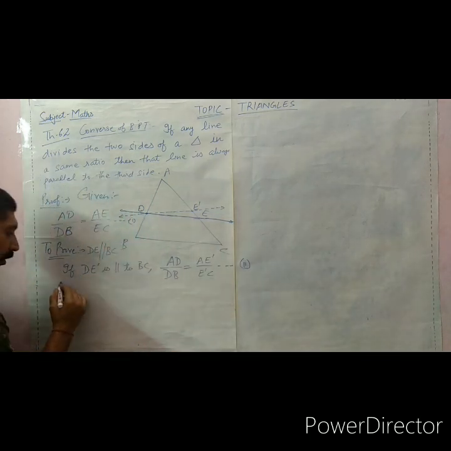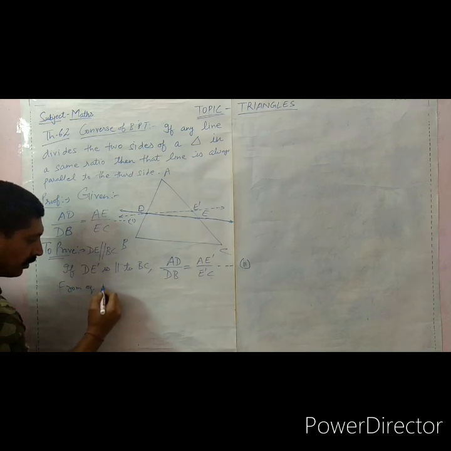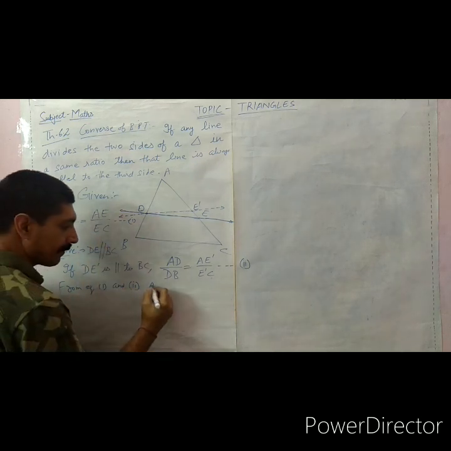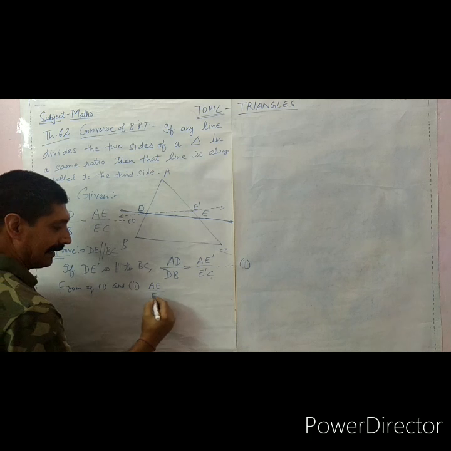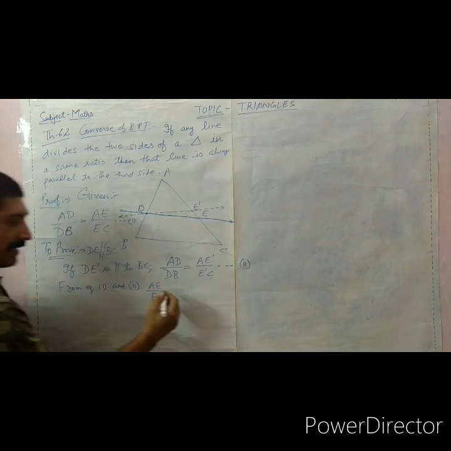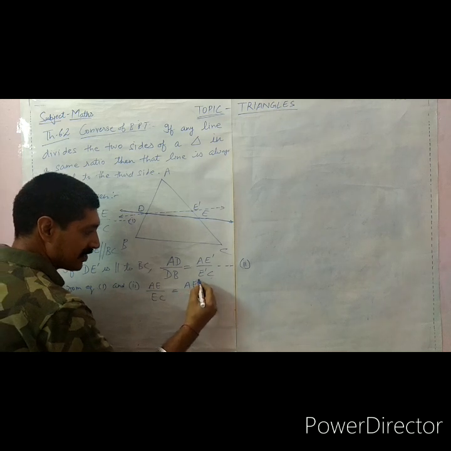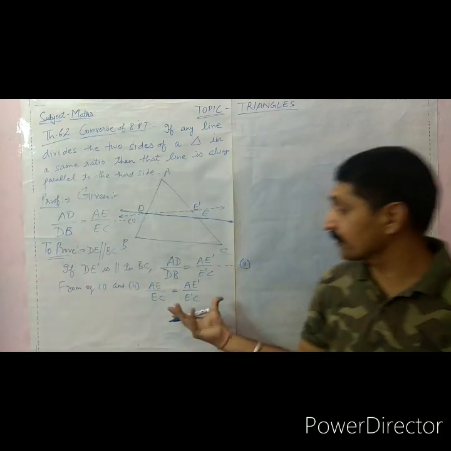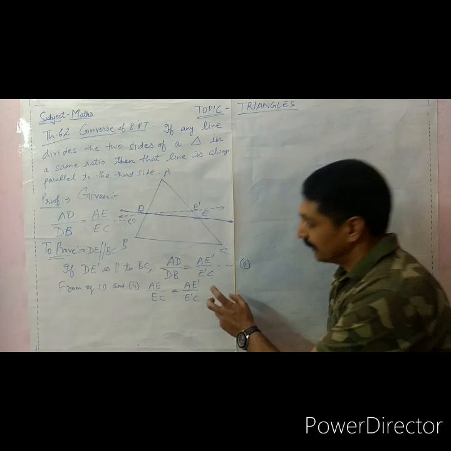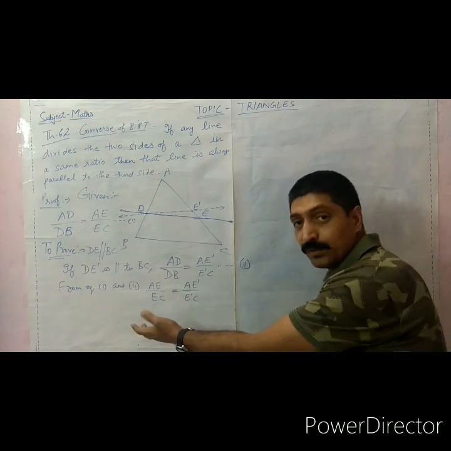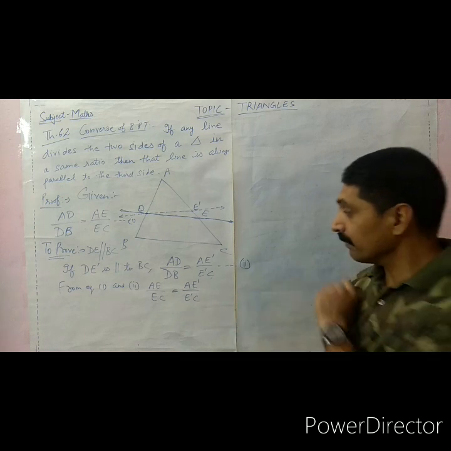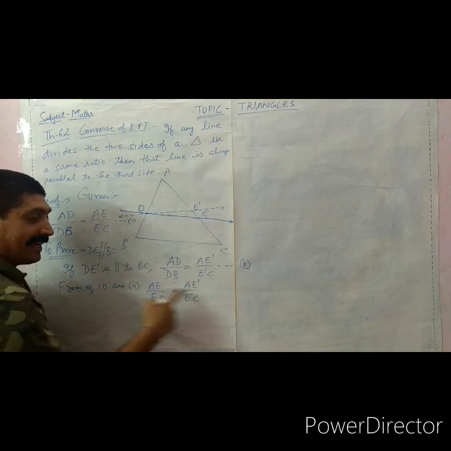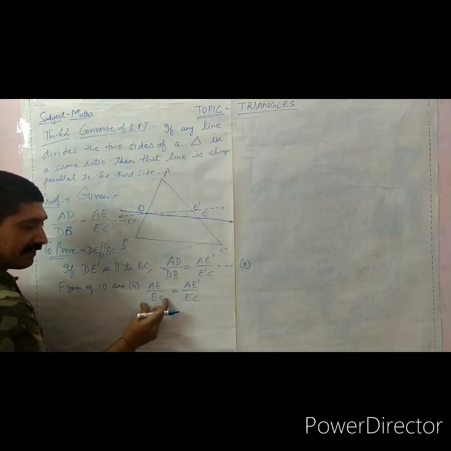From equations 1 and 2, we have AE upon EC is equal to AE dash upon E dash C. Here it is very important to understand, because in your textbook it is given Y, and in one more step they are saying Y. Here they are adding 1 to both sides, left hand side and right hand side.